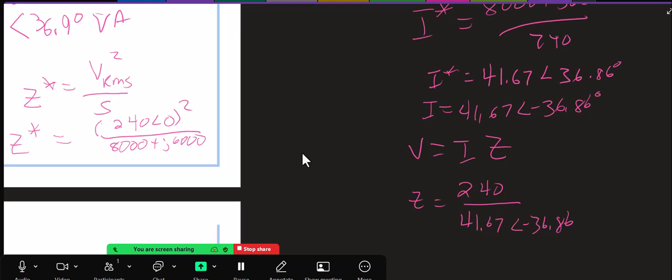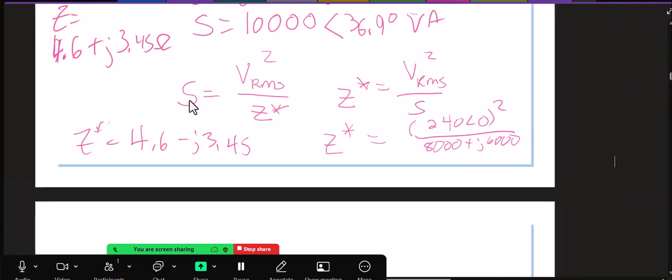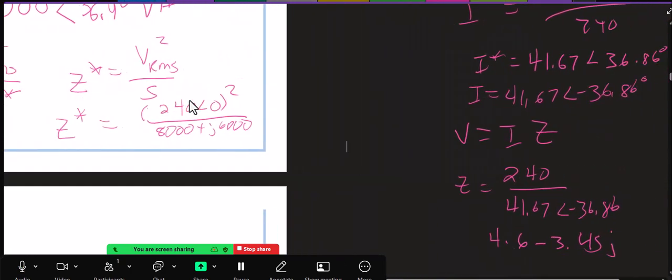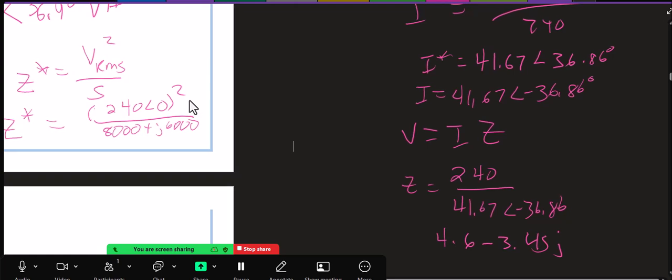And I get 4.6 minus 3.45j, which should be the same answer that we got before, except it needs to be conjugated.